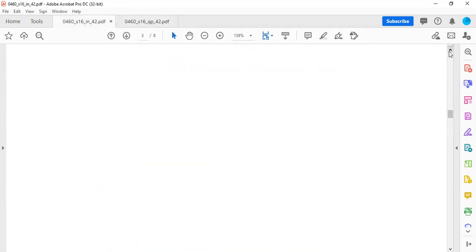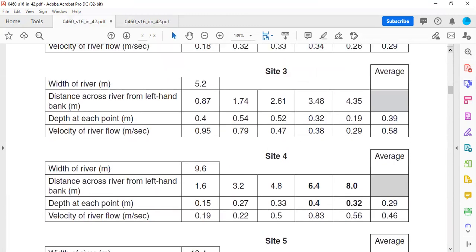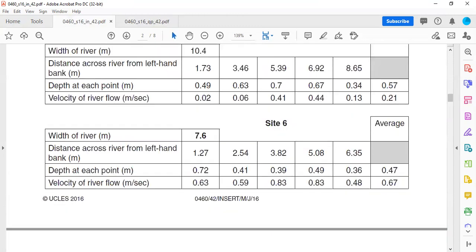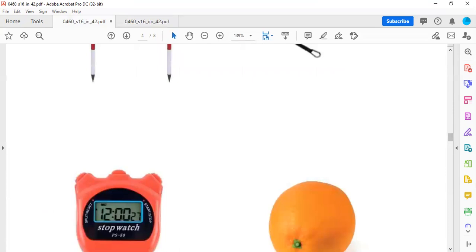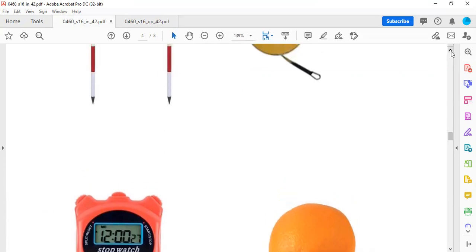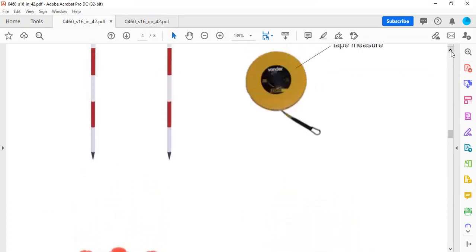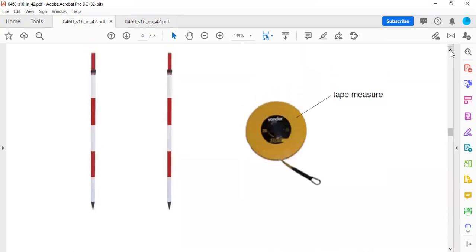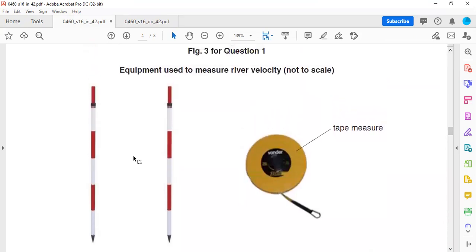Where's table 3? This instrument I was telling you about when we were treating that first question. So this is a tape rule, and this is a ranging pole.